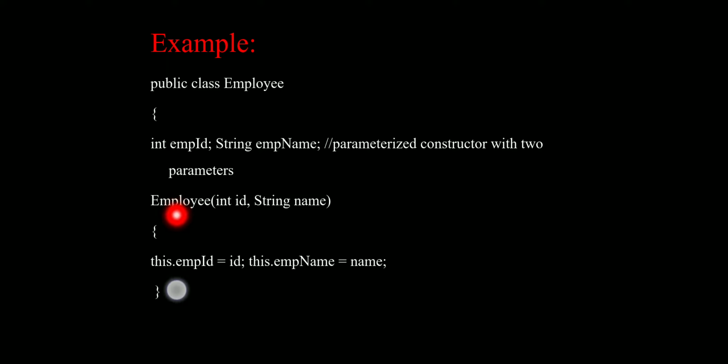In this we are going to pass two arguments, first the int id and then the String name. With the help of the this keyword we initialize employeeId as id and employeeName as name. This is the parameterized constructor.